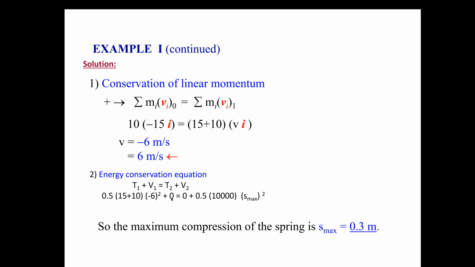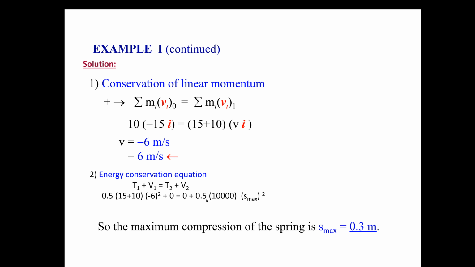Here is our initial potential energy. The spring is not compressed, so we have no potential energy. And finally, we have no kinetic energy, because now it's compressed as far as it can go, and at that point there's no velocity. It's all been converted to compress the spring.